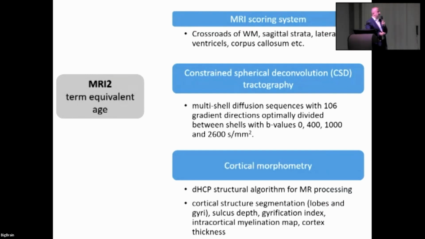Another approach is to make diffusion imaging, especially adjusted for the neonatal brain, and then to precisely define which kinds of axonal pathways are affected by premature birth, and also to make cortical morphometry to see if this data on cortical structure could somehow be correlated with clinical outcome.